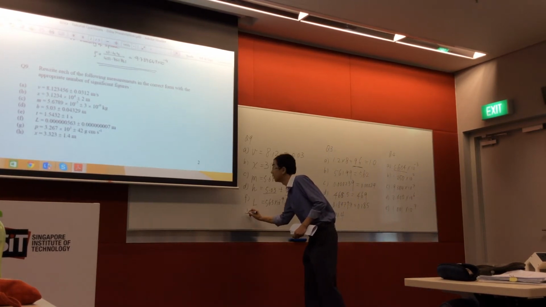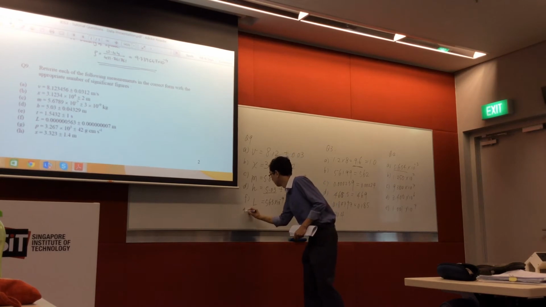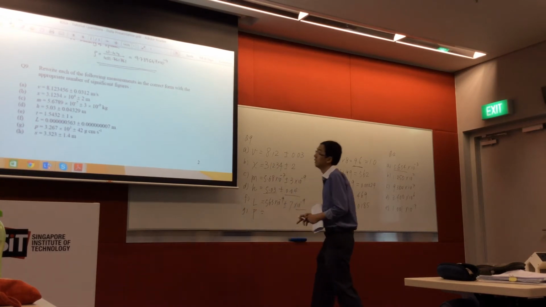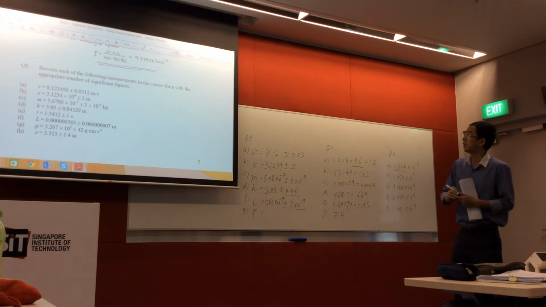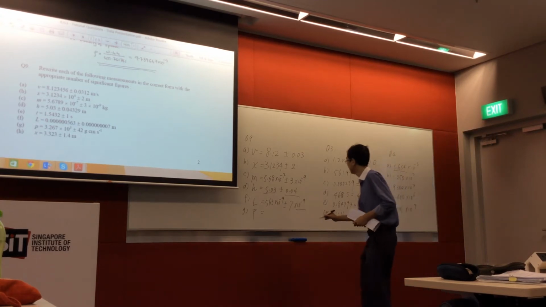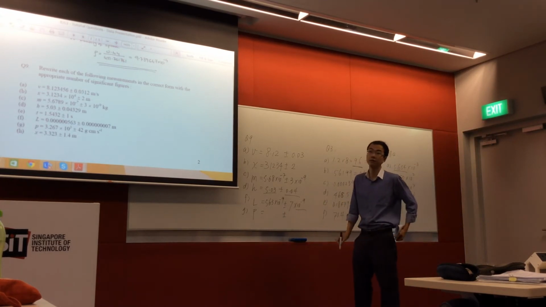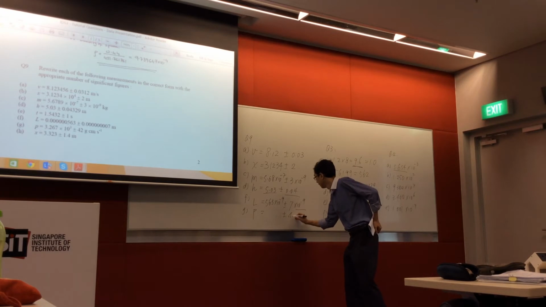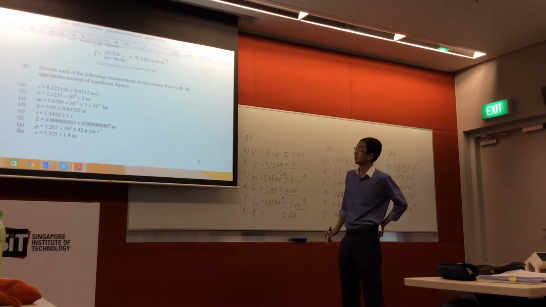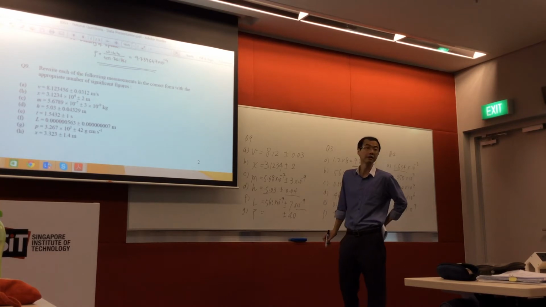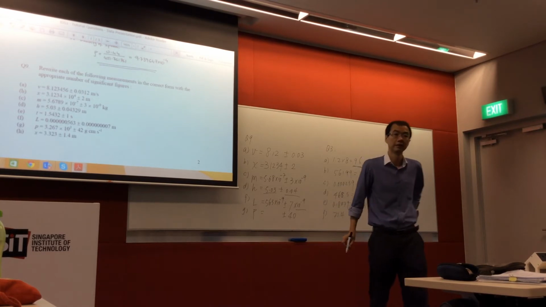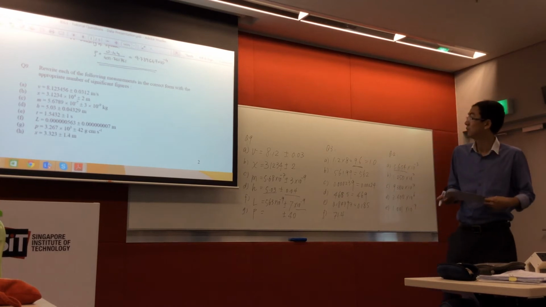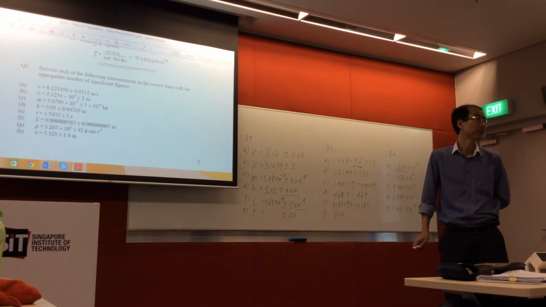Okay, how about the G? G, for the uncertainties, what is the number you should report? You should report as 40. Okay, 40. And how about the best estimate? So what is the best estimate?